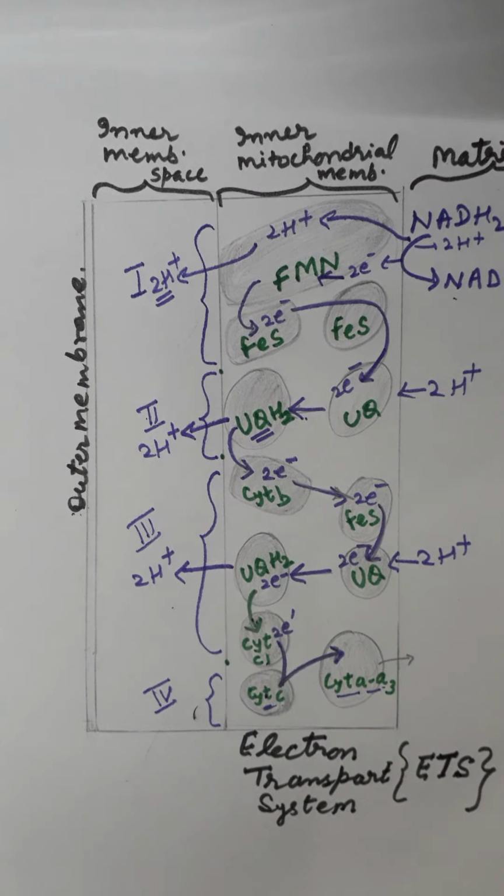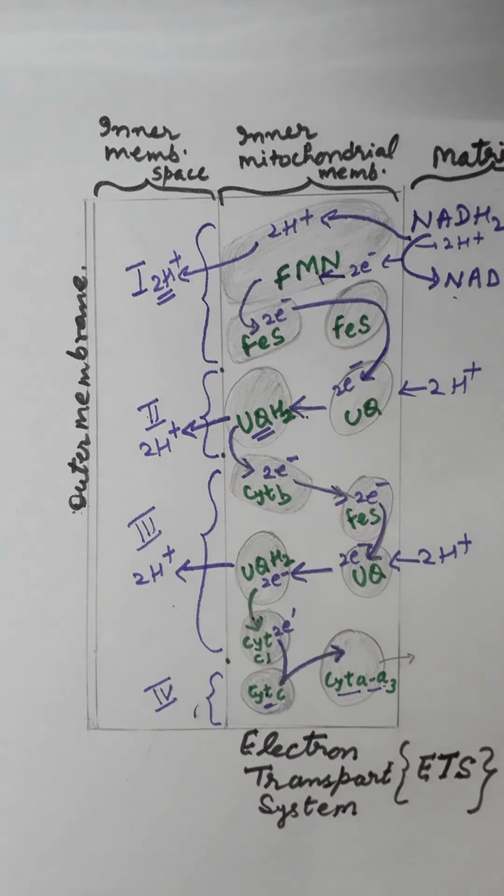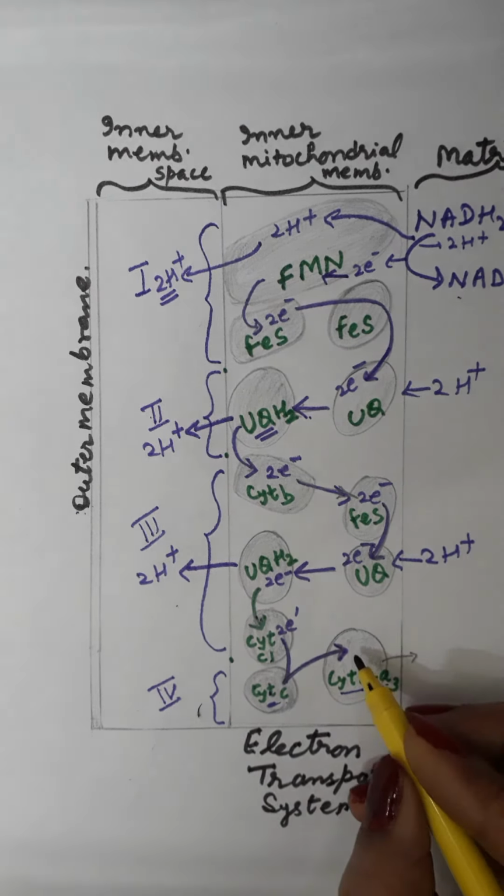When the electron passes to complex 4, energy is not released and no transfer of protons takes place from the matrix to the inner membrane space. Finally, the electron from cytochrome A3 is transferred to oxygen.